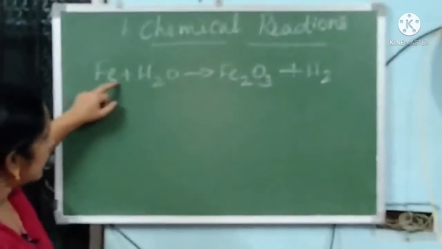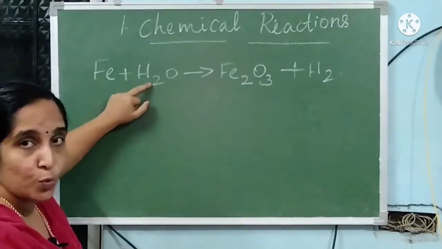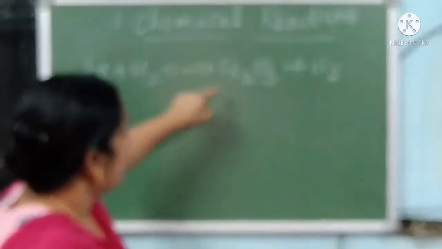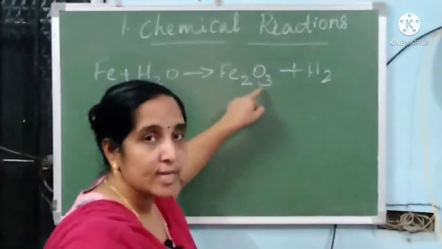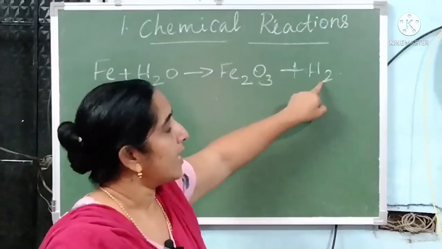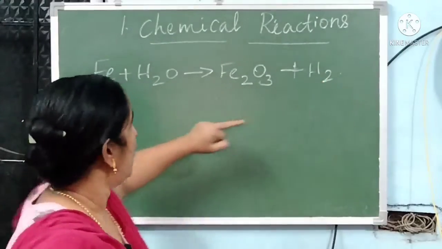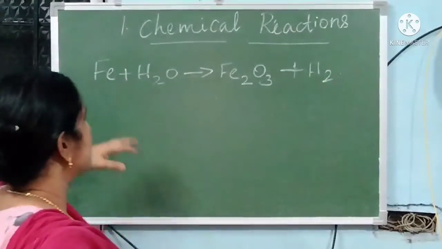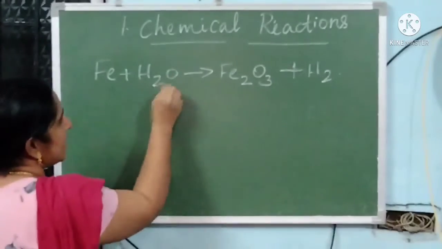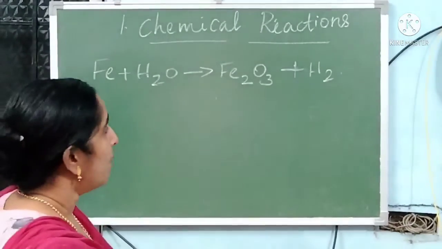When iron reacts with H2O, water, the products will be ferric oxide, Fe2O3, and hydrogen gas is released. This is also an equation, but it is an unbalanced equation. So we have to balance the equation by adding numbers.